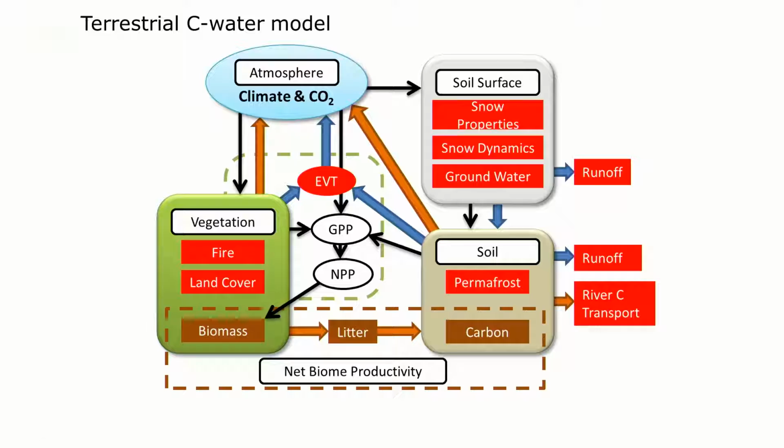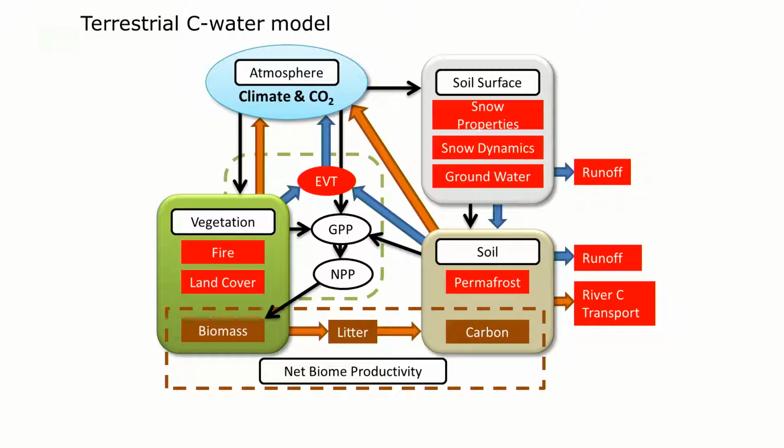You really need a carbon and water model because plants need water. You can't do carbon without water. And this is just the same diagram, but now with some of the water variables in there. It's got flows to and from the atmosphere, and the blue ones are water. This is evapotranspiration. The reddy brown ones are carbon.